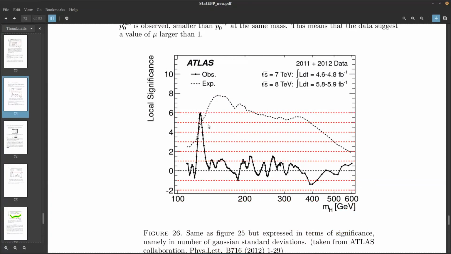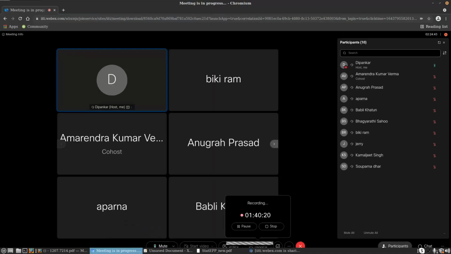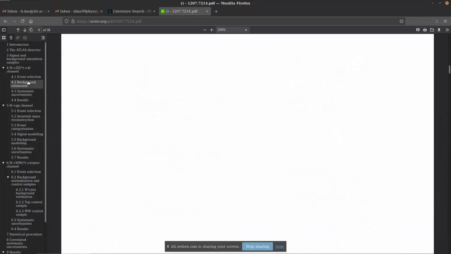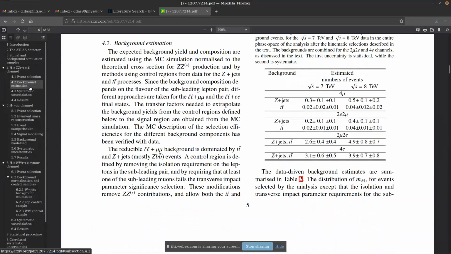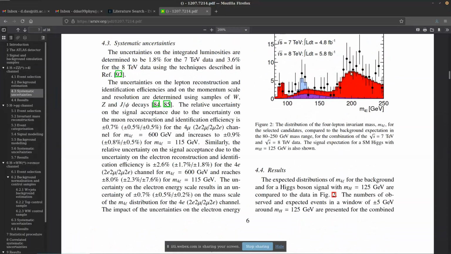So I have a simulated data, the expected data, like the red plots. Those are my expected data. Where is this? What did I open my paper? So this red thing comes from theoretical calculation.